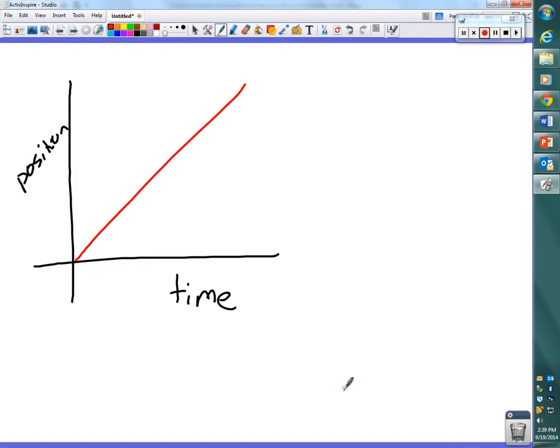It's what? Position versus time. What can you tell me about the motion of this object here on the position time graph? It's constant. It's constant velocity, right? Because we said on this graph, the slope tells us the velocity.